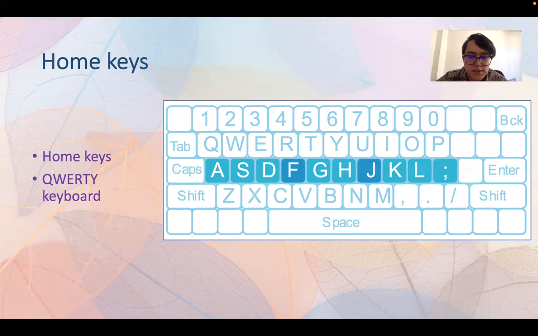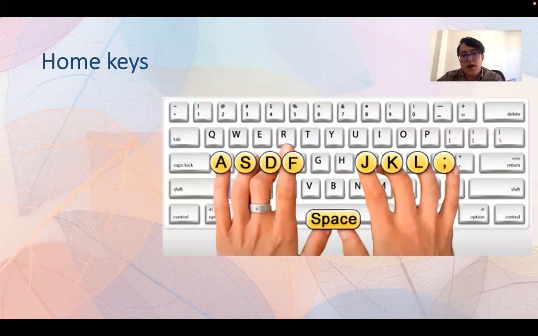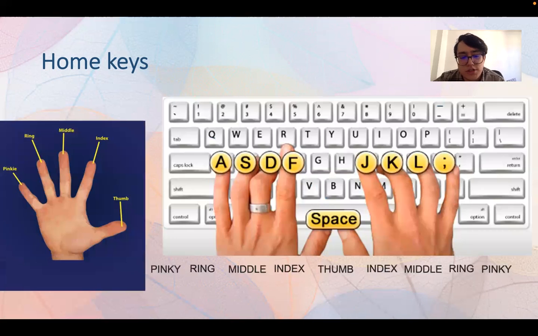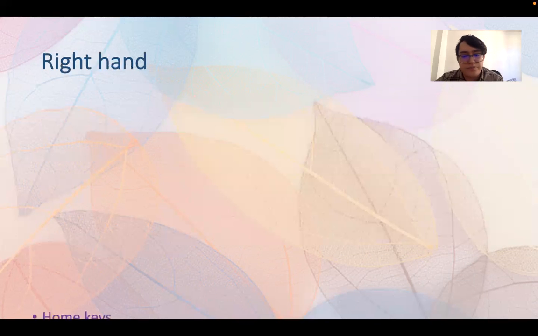These are the home keys: A, S, D, F, G, H, J, K, L, and the comma. This is how your fingers should be positioned: pinky, ring, middle, index, thumb, and index, middle, ring, pinky. So you can position your fingers like this on the keyboard.